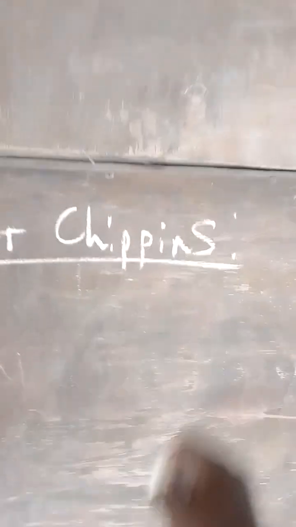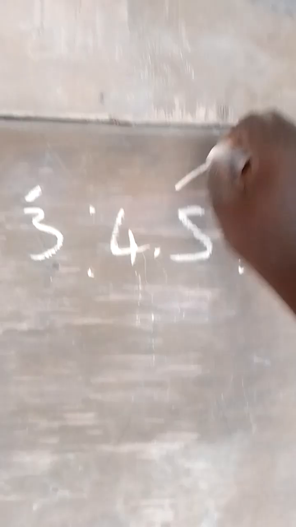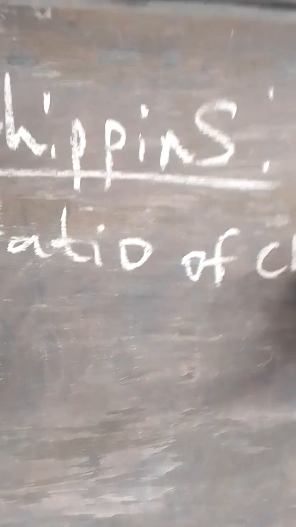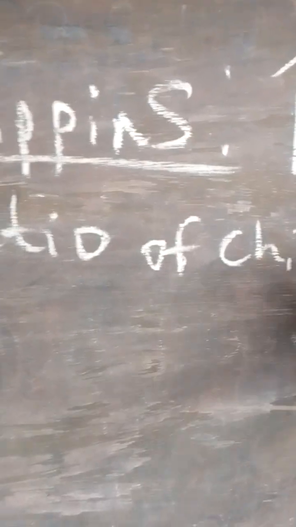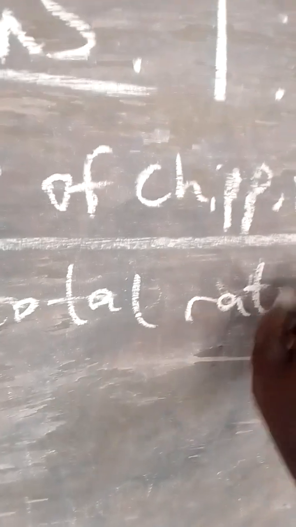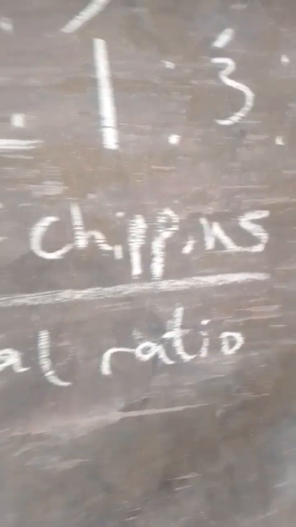Now, remember for chippings, the ratio is 1:3:4.5:0.5. This is for cement, this is for sand. The 4.5 is for the chippings. Now, the formula is the same. The ratio of chippings over the total ratio times the mass of the concrete.